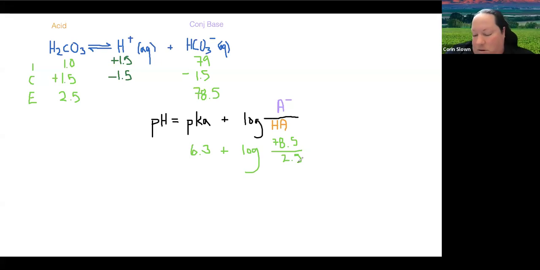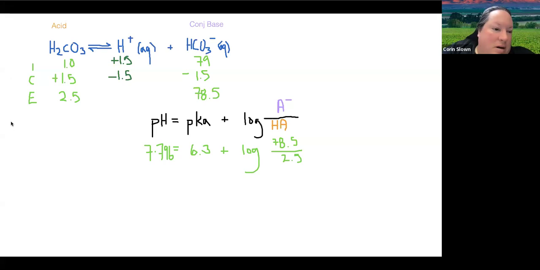So log of 78.5 divided by 2.5 plus 6.3. So I get a pH of 7.796.